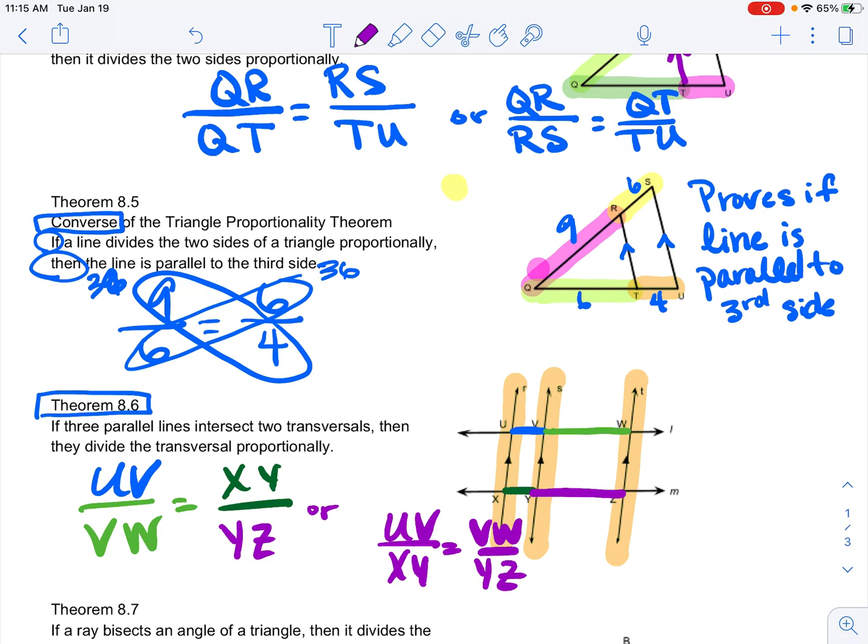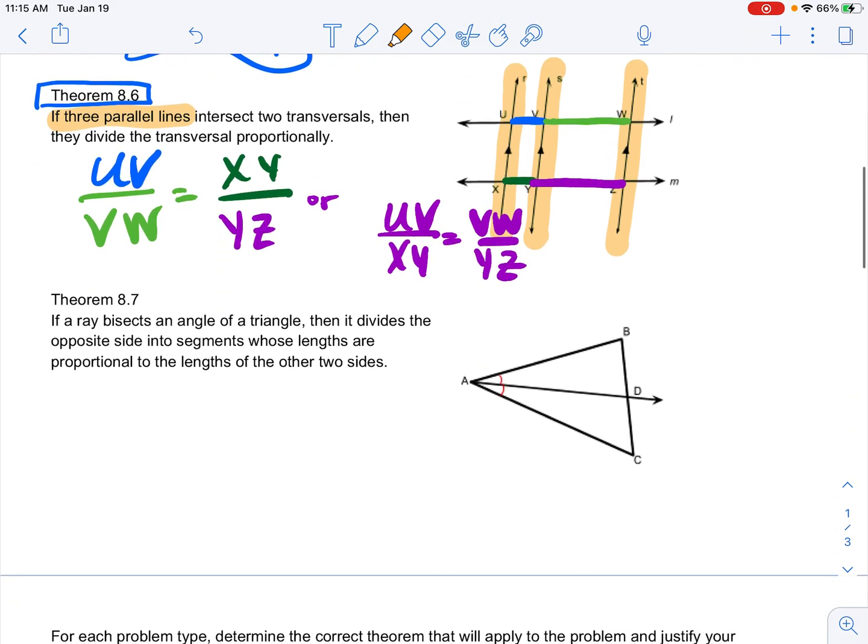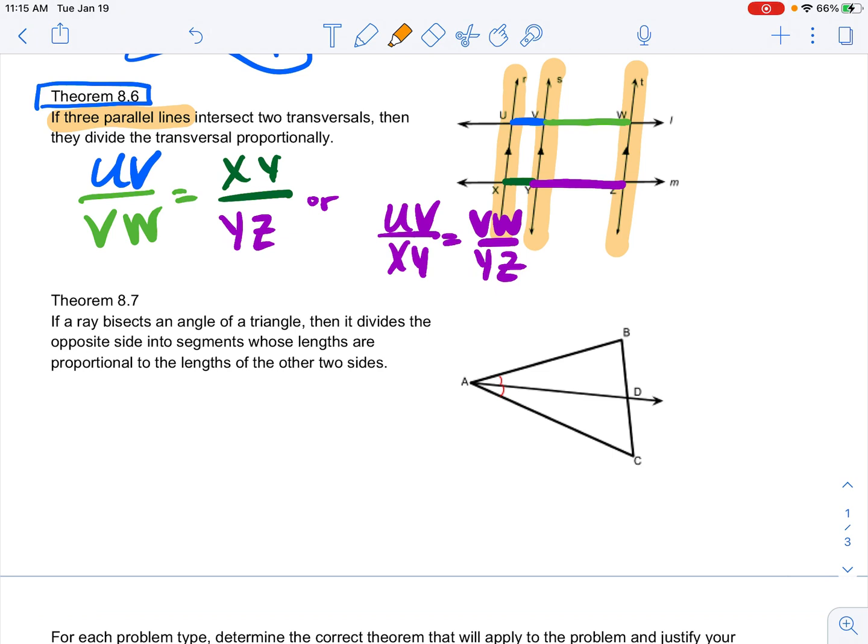So what we look for here is 3 parallel lines. So we're going to identify 3 parallel lines, and then set up the proportion where the small sections are equal to the bigger sections. Pretty simple.